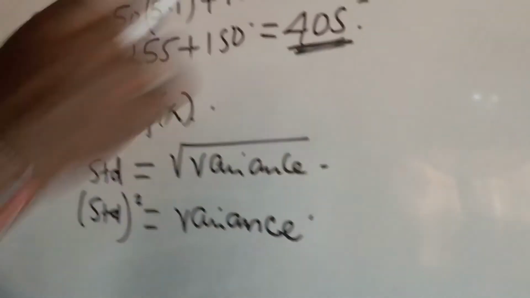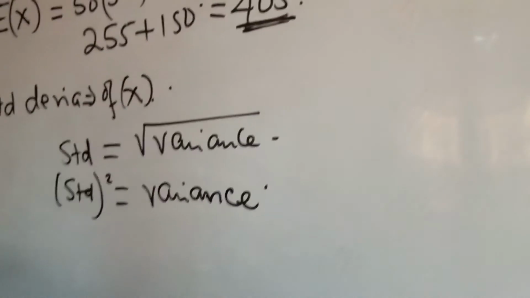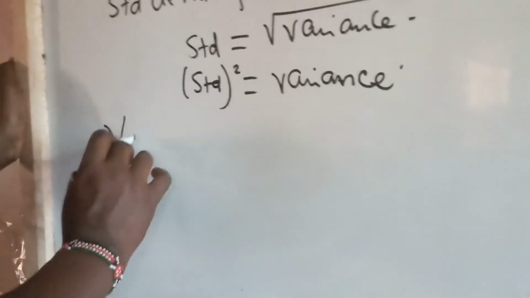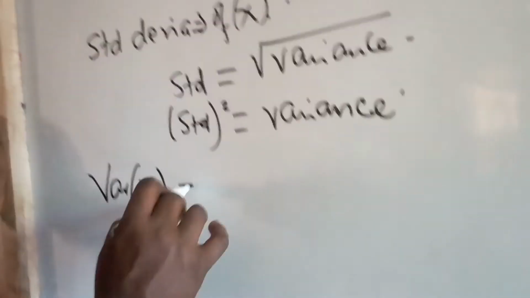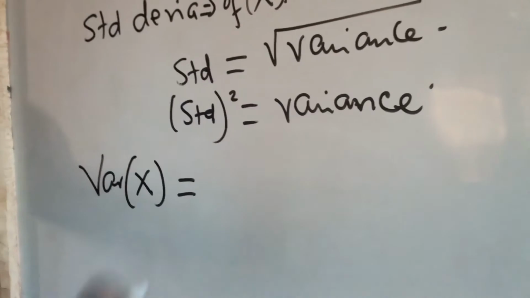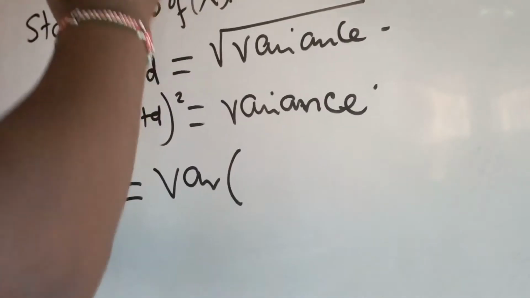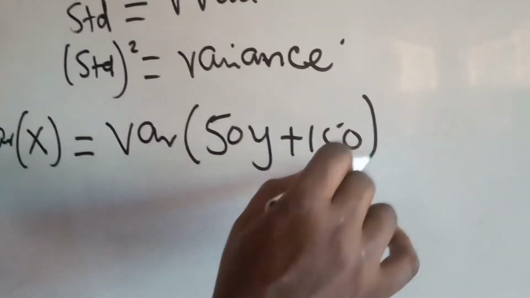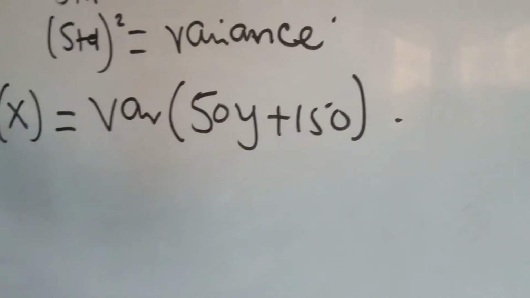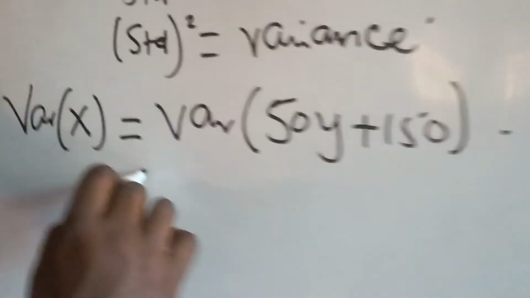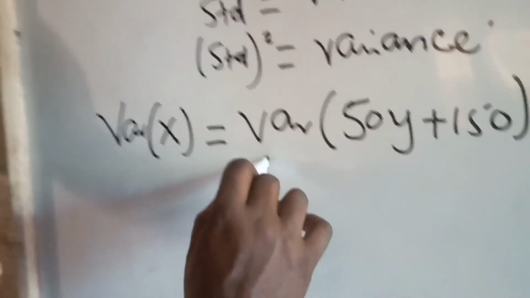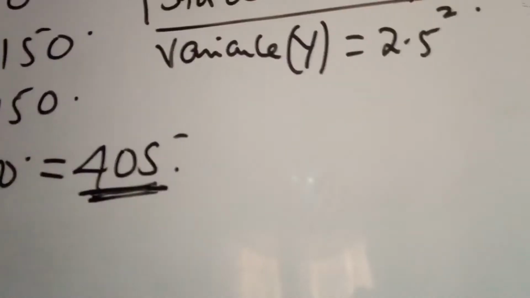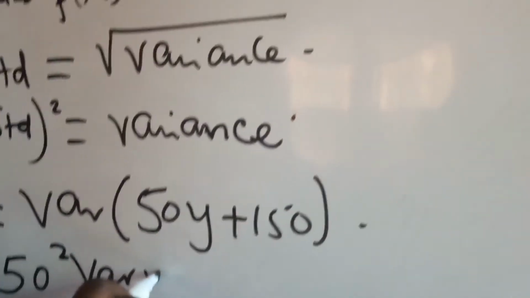That was very important. So we'll have to start from the variance. The variance of x, which is the variance of 50y plus 150, gives us 50 squared times the variance of y.